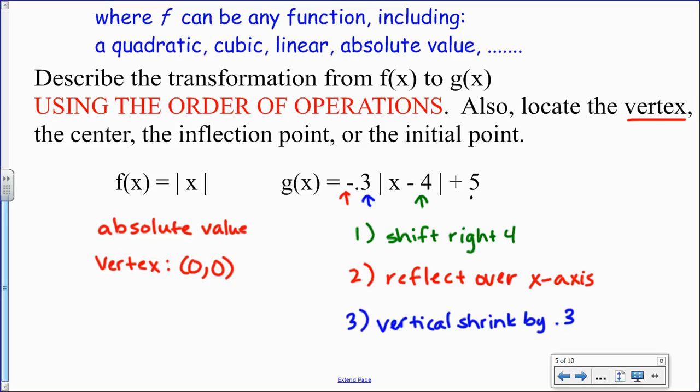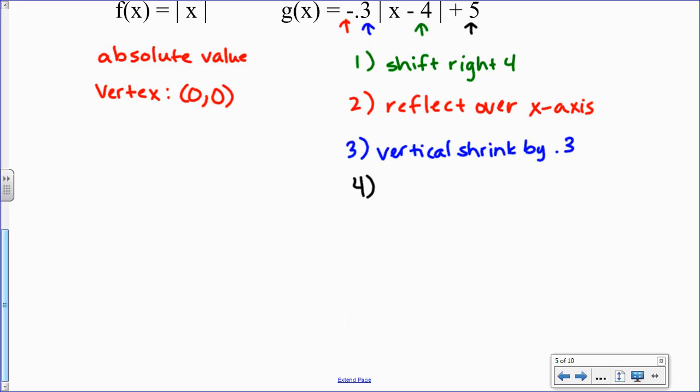And then the last thing is this plus 5. So what does that tell me I do? Shift up 5. So my new vertex, the vertex is affected by just the translation, so just the vertical and horizontal shifts.